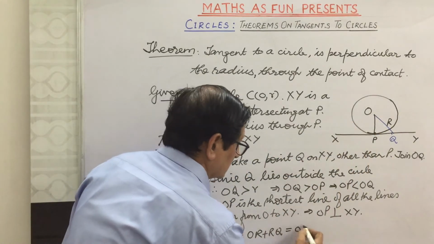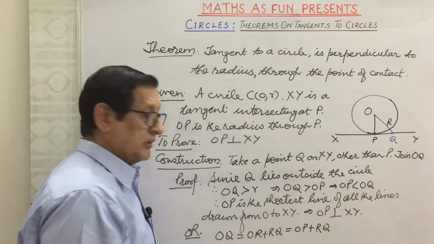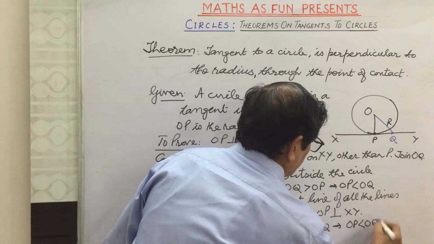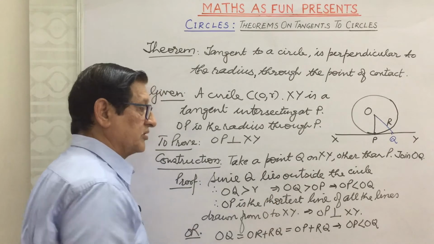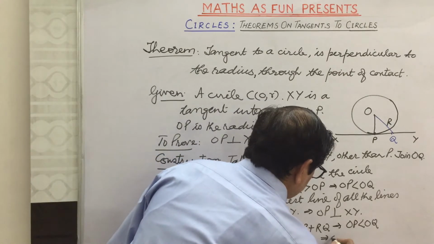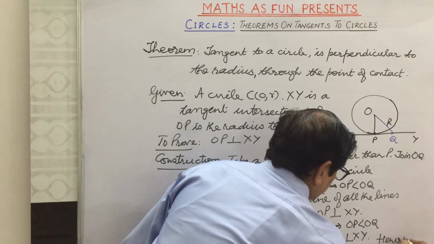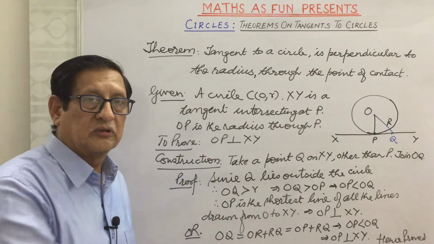So we can say this is equal to OP plus RQ. This implies that OP is less than OQ. And then we can write the same thing here and we can prove that OP is perpendicular to XY, hence proved. This is the way we can prove this particular theorem.